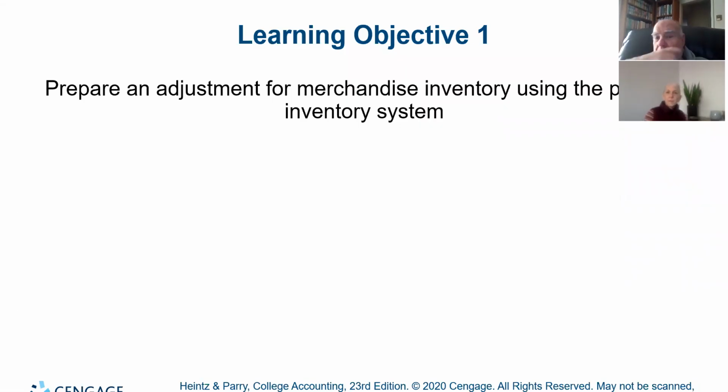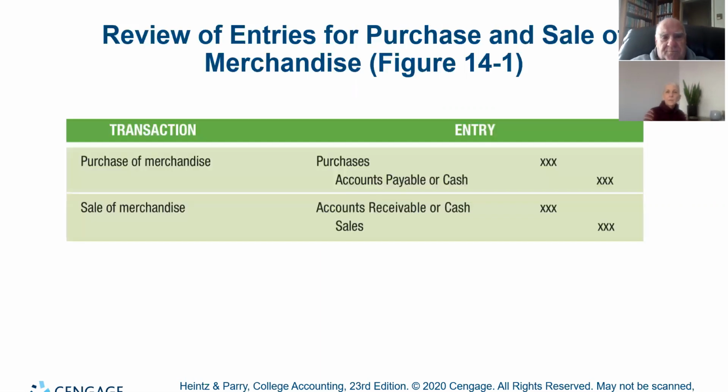Prepare an adjustment for merchandise inventory using the perpetual inventory system. And they're just giving us a brief review here. Under the periodic method, we debited purchases and we credited accounts payable.